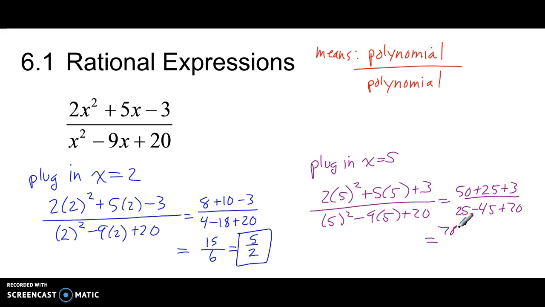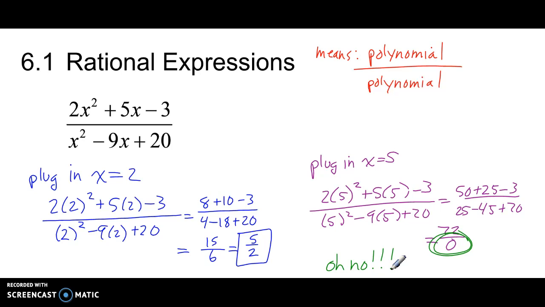So that's 78. Wait a second, I just realized I lost a minus sign right about there. Not 78, 72. Oh, wait a sec. There's something much worse than that. I got one little minus sign wrong, but look what the denominator's coming out to be. 0. That, of course, is a huge problem.